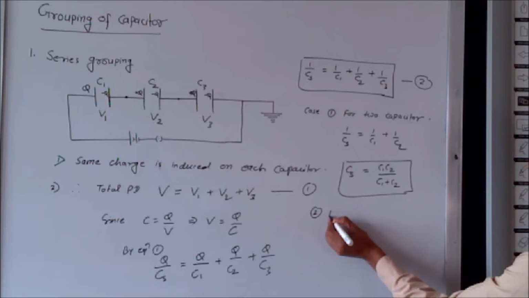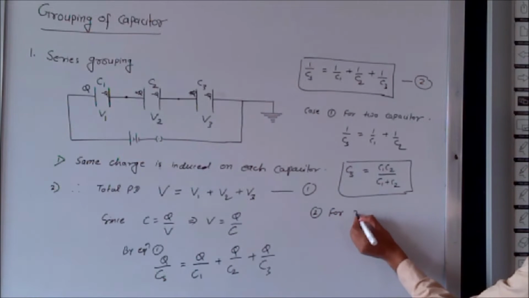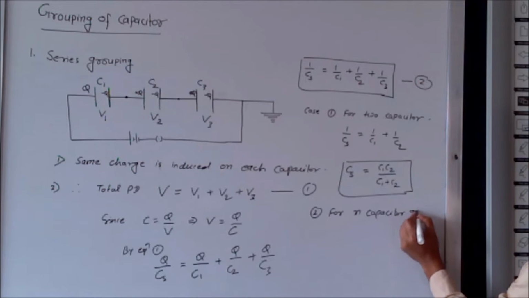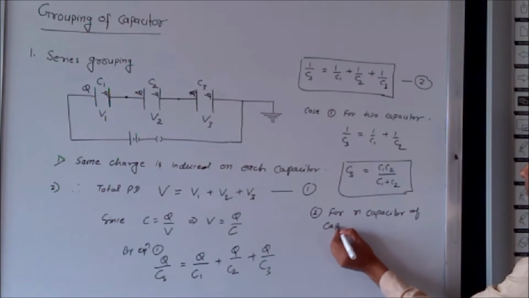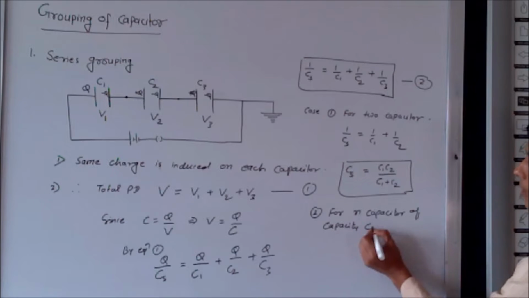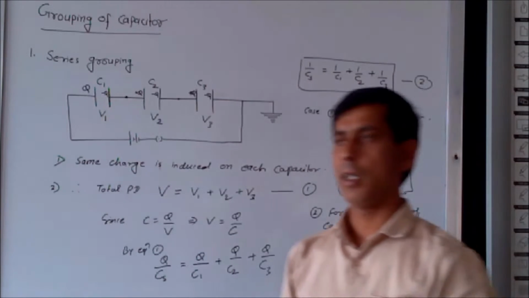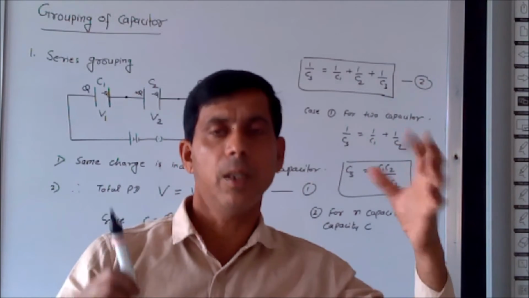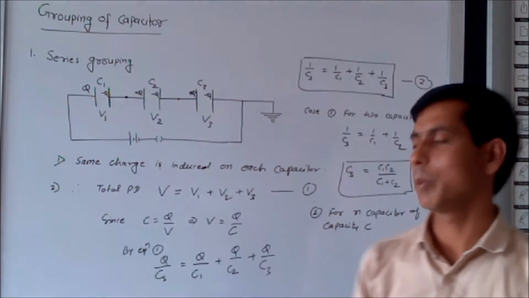Second case, for n capacitors of the same capacity C. Suppose we have n condensers of, say, 2 microfarad connected in series. Then what will be the resultant capacity in series combination?